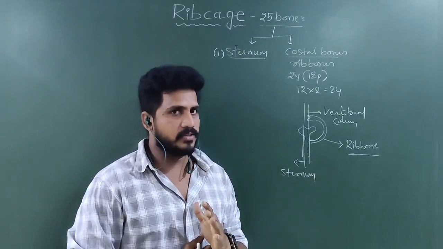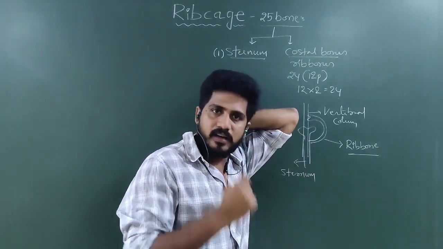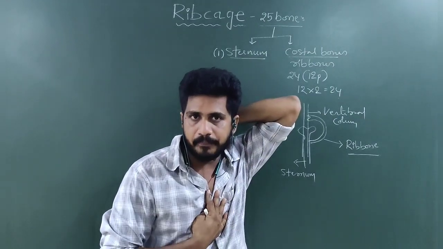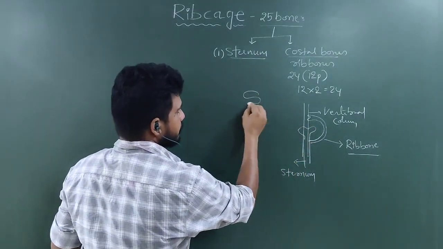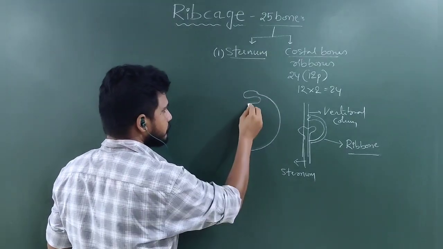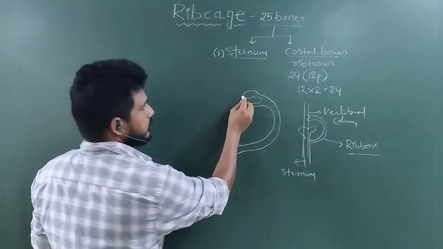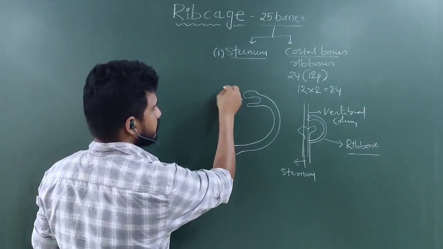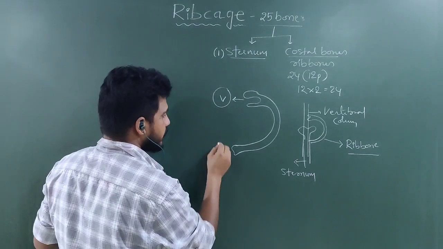So what I am trying to convey here is, a rib bone connects dorsally to the vertebral column and ventrally to the sternum. One rib bone, if you see, it is like this. This part is situated with the vertebral column and this part is connected to the sternum.